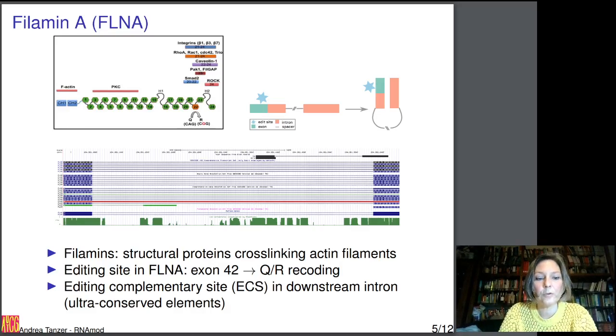So we wanted to know whether these editing sites and the respective target structures are conserved, or whether in different animals, if the editing exists, it is performed through different ADAR target structures.